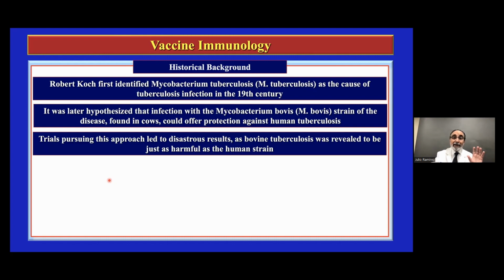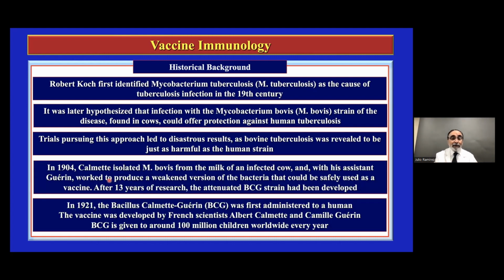We knew that we needed to do something different, and this was the work done in France by Calmette and Guérin. Then we have the bacille of Calmette and Guérin, the BCG, and the idea was, I get the Mycobacterium bovis. Okay, I cannot inject it as it is, so I need to decrease the virulence, and after decreasing the virulence, then I can inject it.